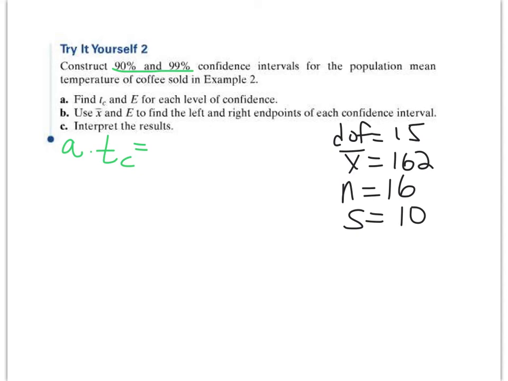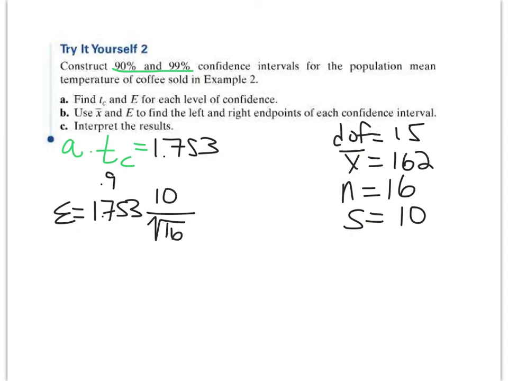So I'm going to look up the t sub c for 0.9 in my table. The degrees of freedom are 15, at 0.9, it's 1.753. To figure out my E, it's going to equal 1.753 times the standard deviation of 10 over the square root of 16.